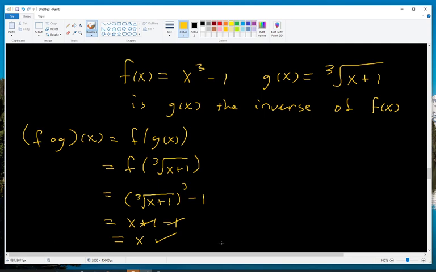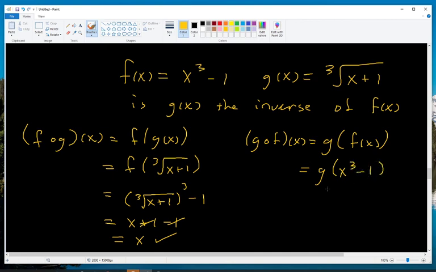That's what we wanted. And then what about g of f of x? This is g evaluated at the f of x function. This will be g evaluated at x cubed minus 1. So I'm going to go to the g function, and I'm going to create a spot in the g function to put the x cubed minus 1.